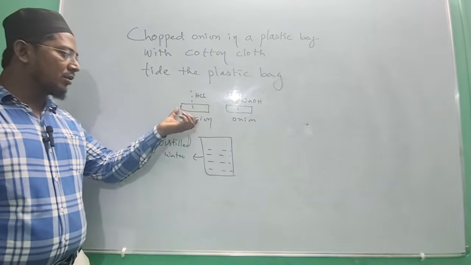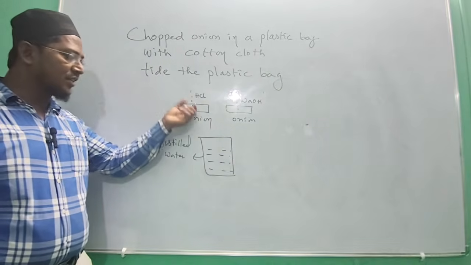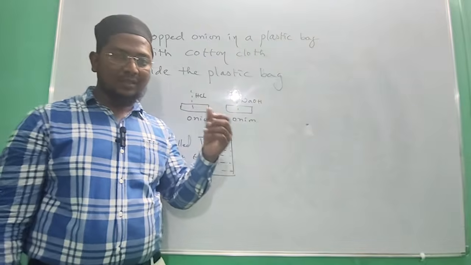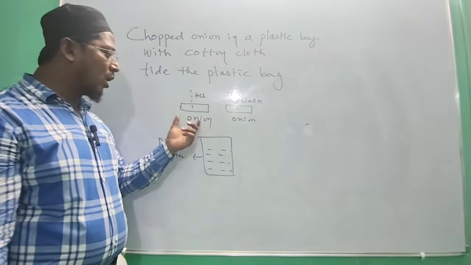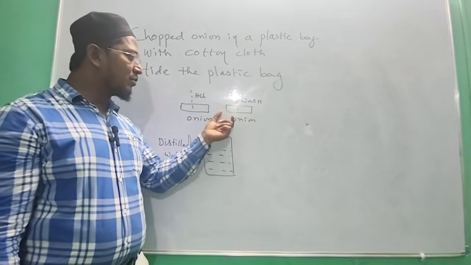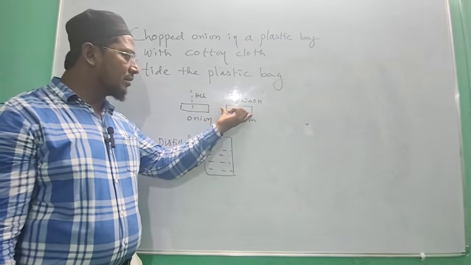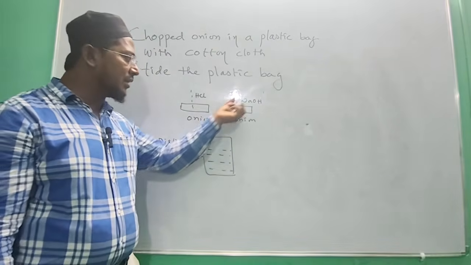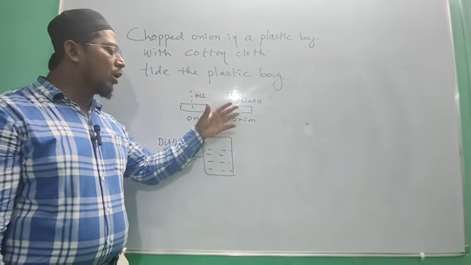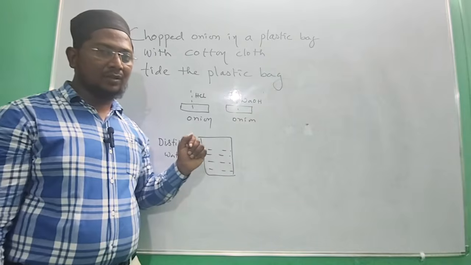If we rinse the cloth strip which contains HCl in distilled water and check the smell again, the same onion smell comes. If we rinse the cloth strip which contains sodium hydroxide in distilled water, the onion smell will be changed.